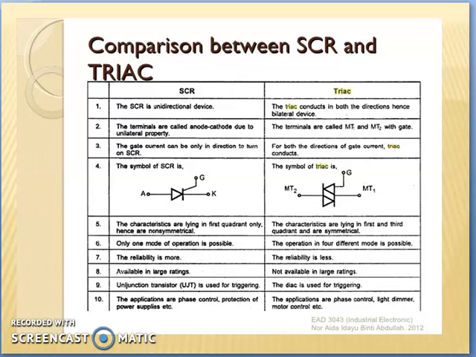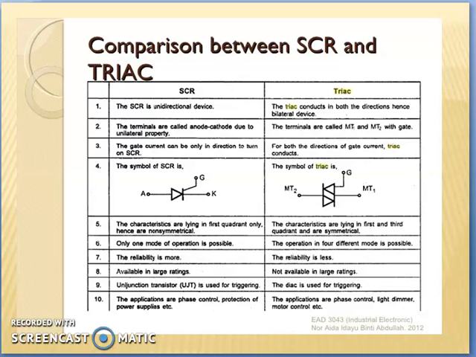Now if I want to compare between the SCR and the triac. The first comparison: SCR is a unidirectional device, whereas triac is a bidirectional device, that is, it conducts in both the directions.